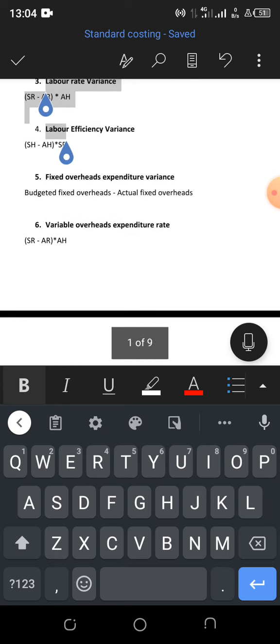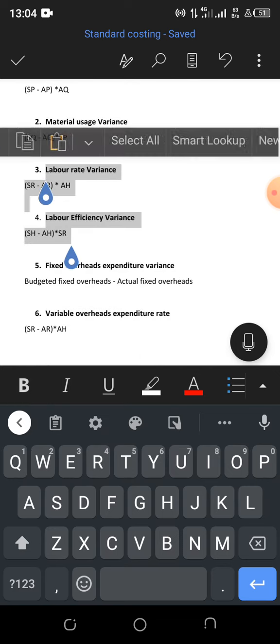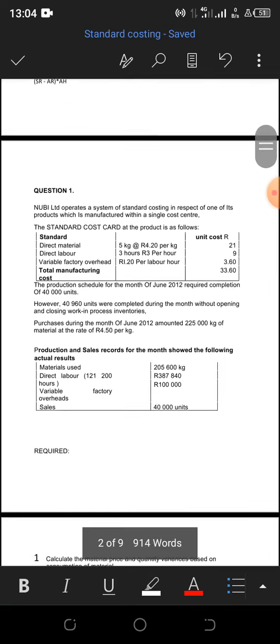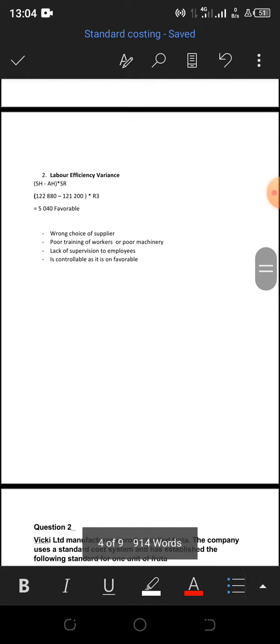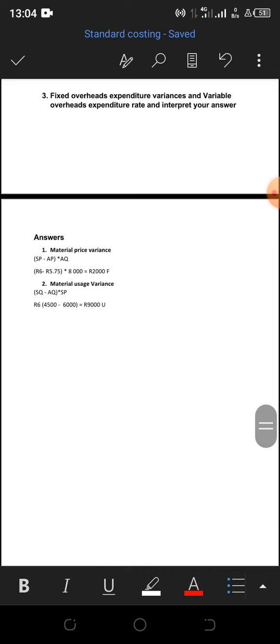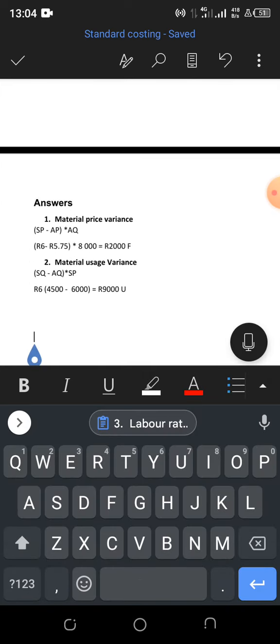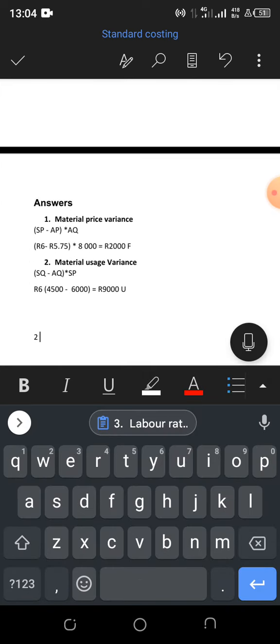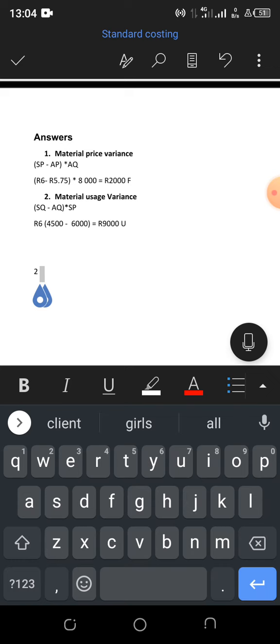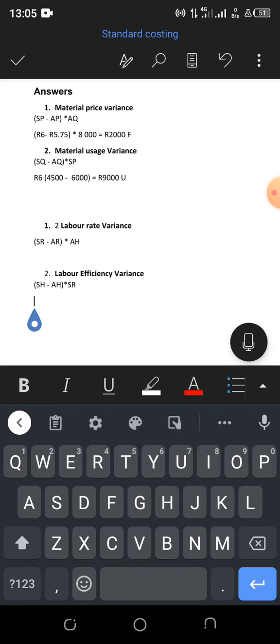Okay, even on these two, you must be able to interpret these formulas with the answers that you got. Okay, number two, there is a formula. Okay, let me reverse this and copy them.